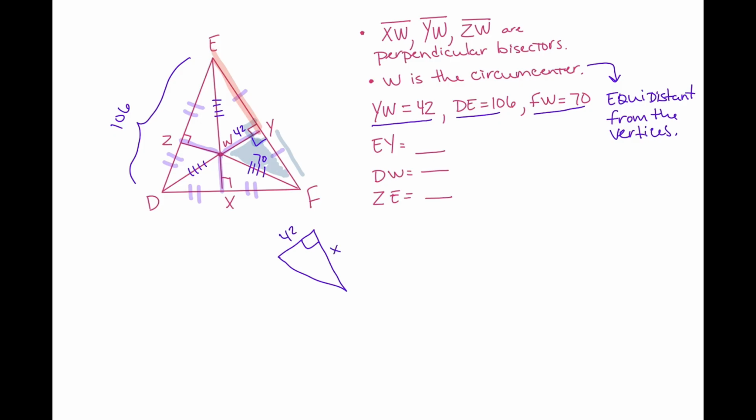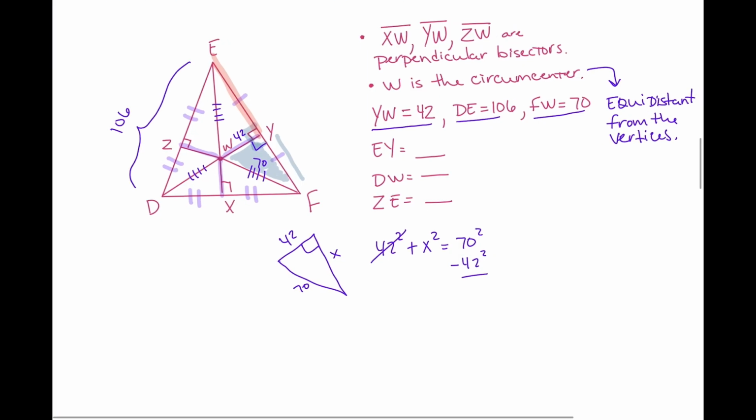I know this side is 42, and I know this is 70. So 70 is my hypotenuse. I can go 42 squared plus x squared equals 70 squared. Then I would subtract 42 squared here. Do not do 70 minus 42 squared. Do 70 squared minus 42 squared. You're going to get this number, and then you have to take the square root of it. When you take the square root of it, you will get 56.